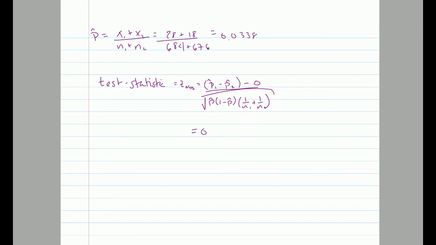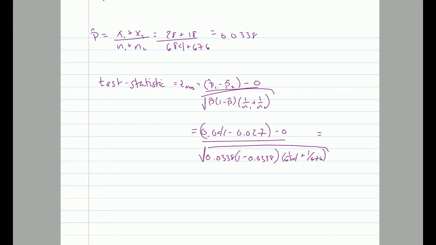So that's going to be (0.041 - 0.027 - 0) divided by the square root of 0.0338 times (1 - 0.0338) times (1/684 + 1/676).